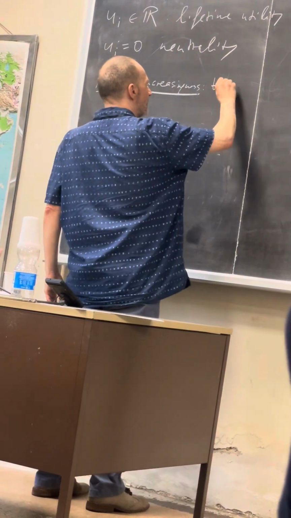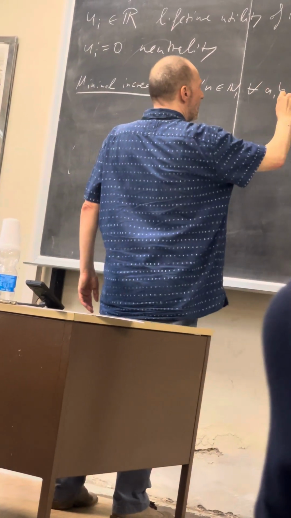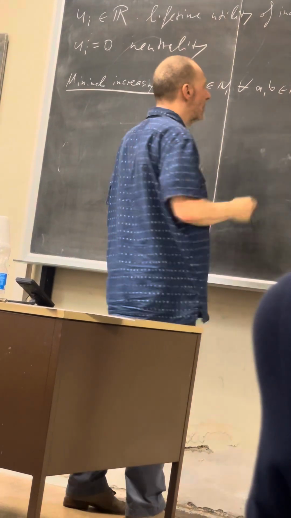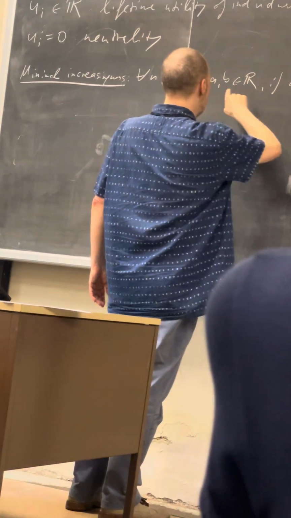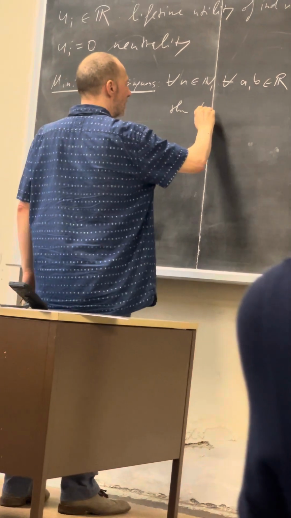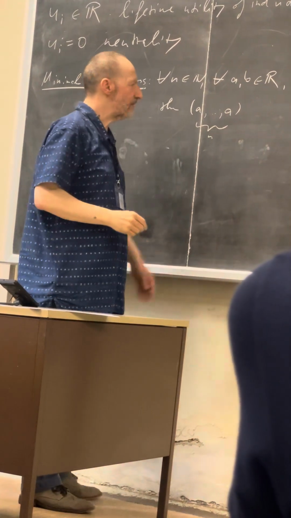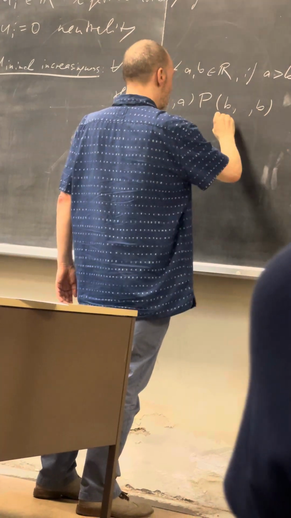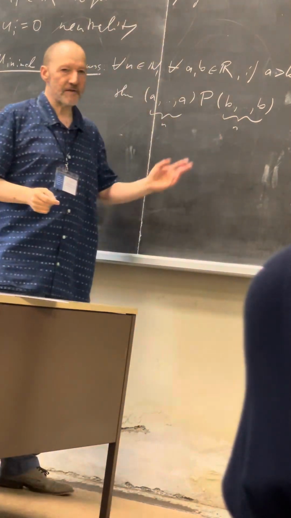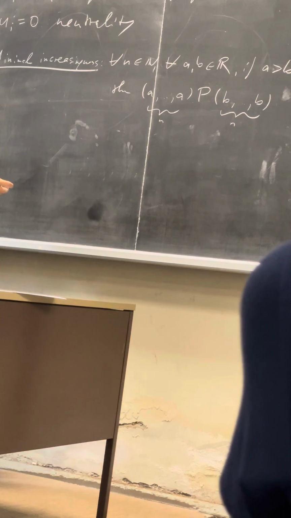So if you take any population size n, and any 2 utility values A and B in R, if A is greater than B, then a distribution where you have n copies of A should be better than a distribution where you have n copies of B. That's weaker than Pareto or anything else you might want to impose.